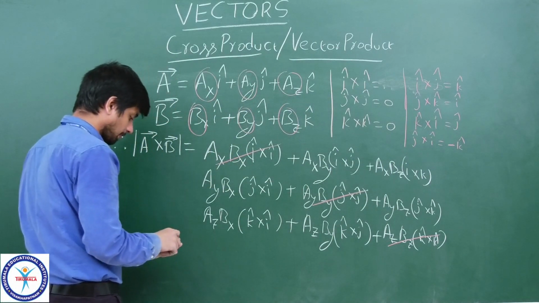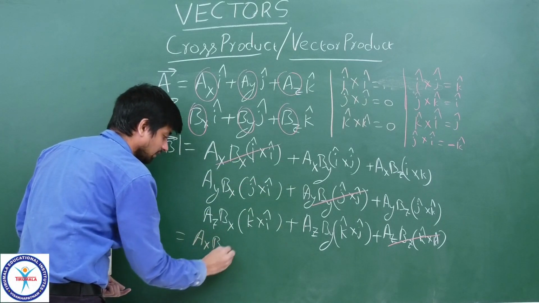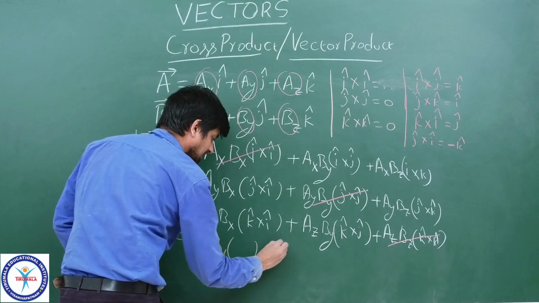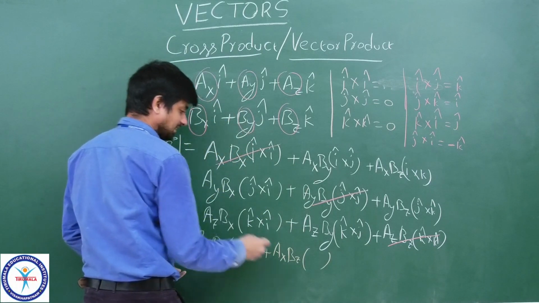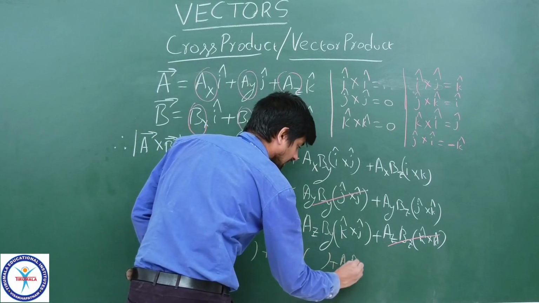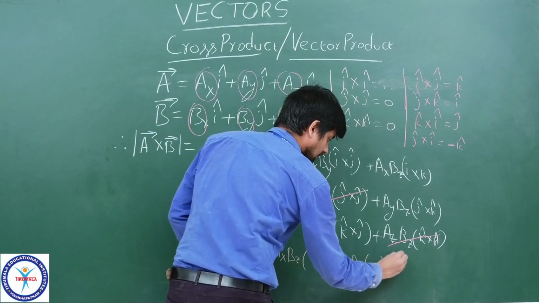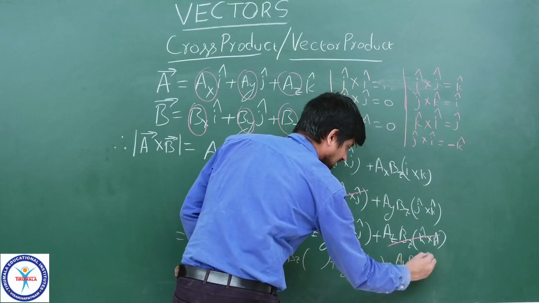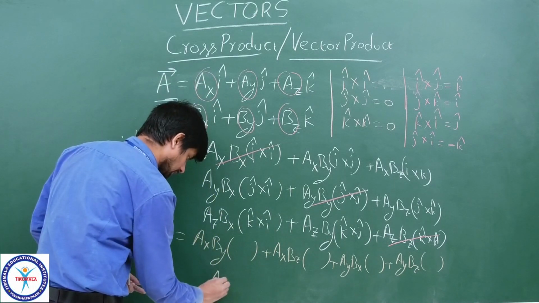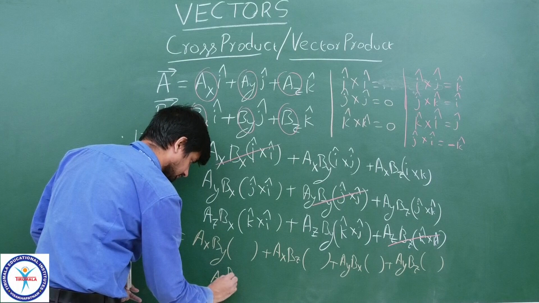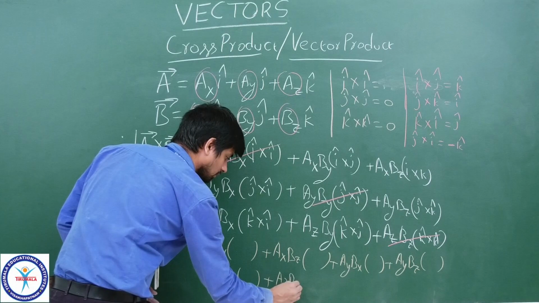I am writing here this term Ax By plus Ax Bz plus Ay Bx plus Ay Bz plus this term Az Bx and Az By.